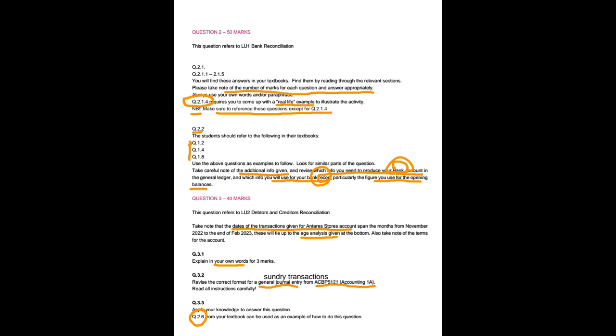We here are doing debtors and creditors reconciliation. So this is a debtors book. So we've got the debtors control account, which remember is the T account in your general ledger. And the debtors list is the list of customers that owe you money, the total for each customer, and that total of the debtors list has to exactly equal the total of your debtors control account in the general ledger.